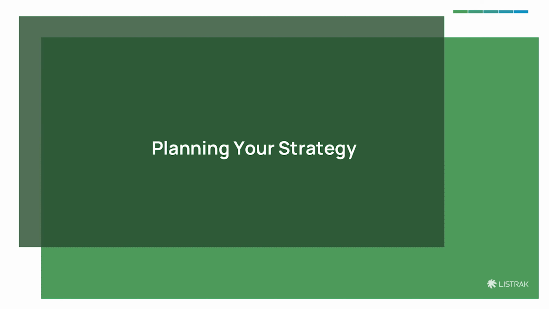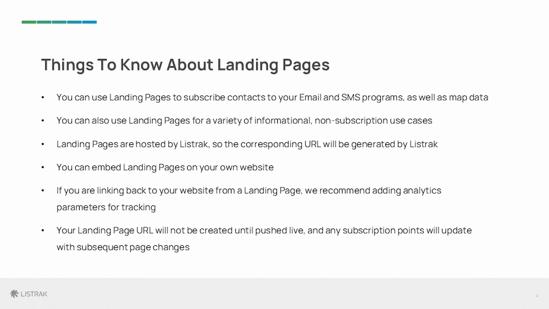We'll start with planning your strategy of what you would like to build from a landing page perspective, and just some things to know. When you build them, you have a few different ways. You can build subscription landing pages, so you can subscribe people to your different channels, email or SMS, and you can map multiple data points back to that person's profile.